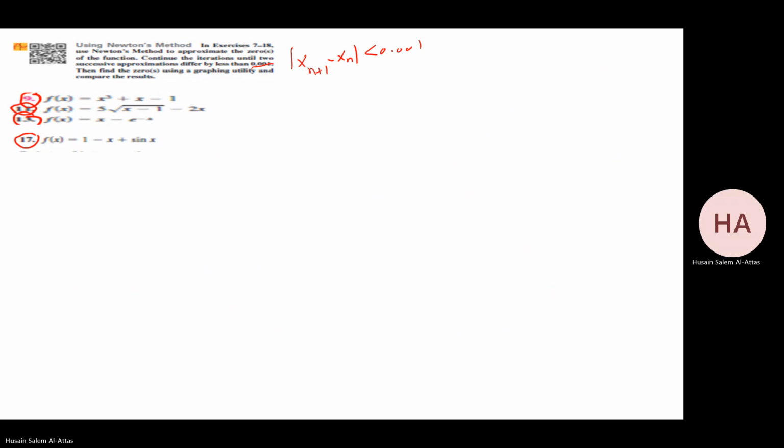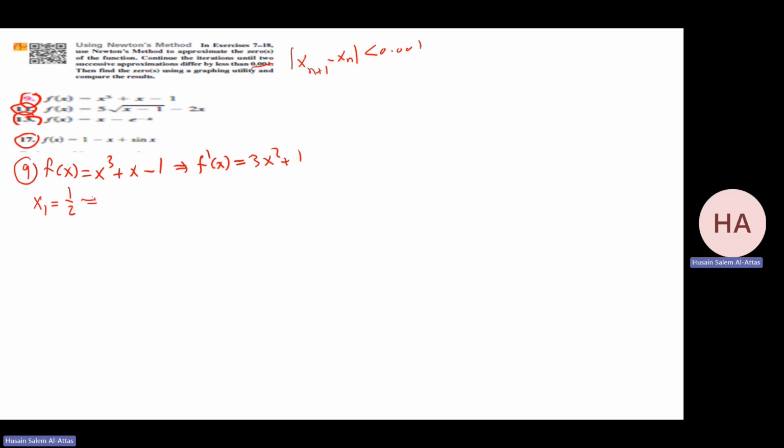Okay, let me do number 9. As I said before, we cannot do it without the calculator. x cubed plus x minus 1. What will be f prime? F prime will be 3x squared plus 1. And let me start with x1 equal half.